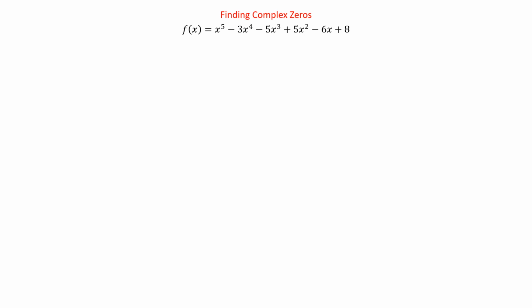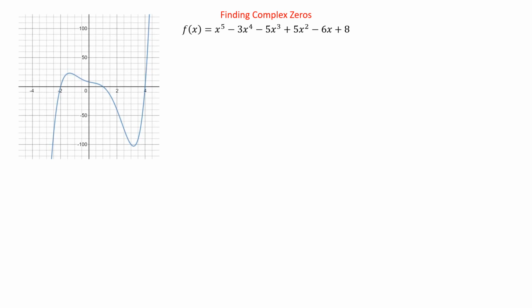For instance, we could graph it. Here it looks like negative 2, 1, and 4 are all possible roots. That's going to be my first guess. So let's start with negative 2.